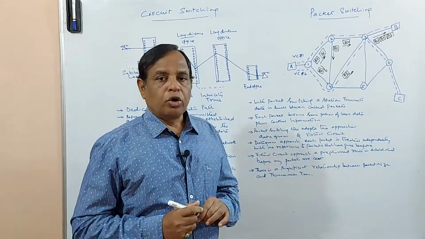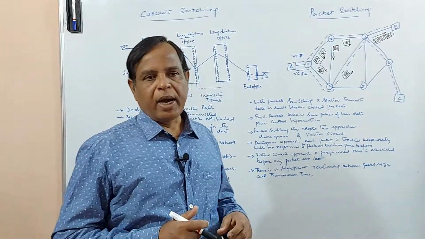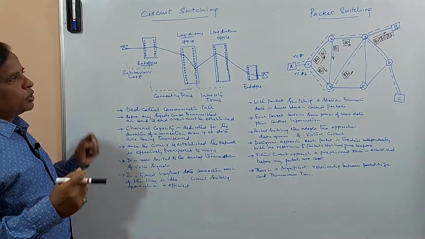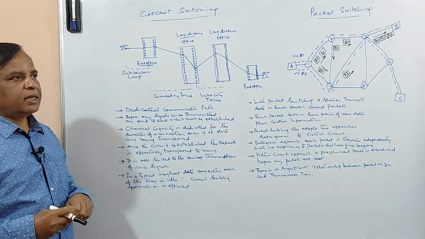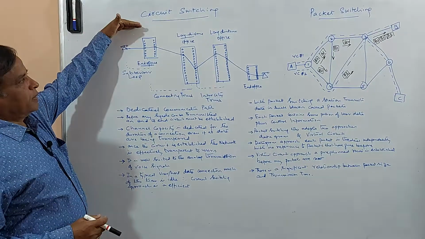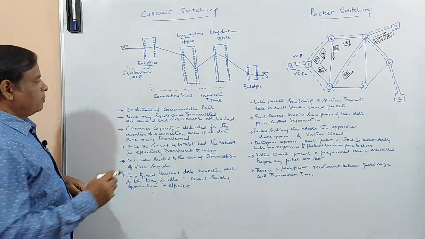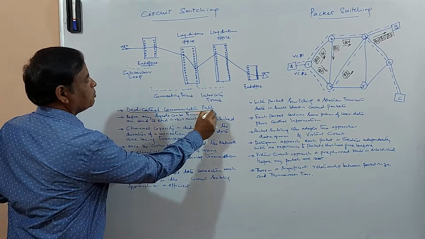You will understand the importance of this resource called bandwidth. Basically, the original concept of switching in communication is circuit switching. What we understand from circuit switching is that it's a dedicated communication path.